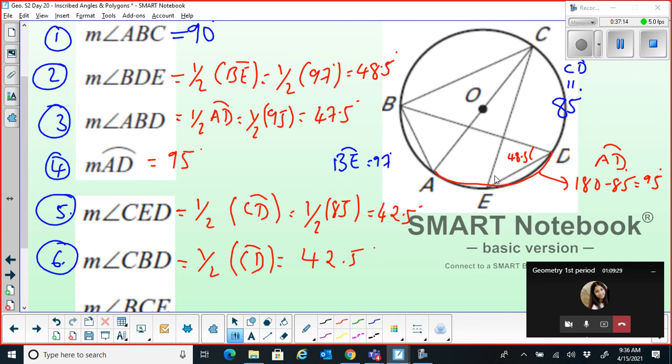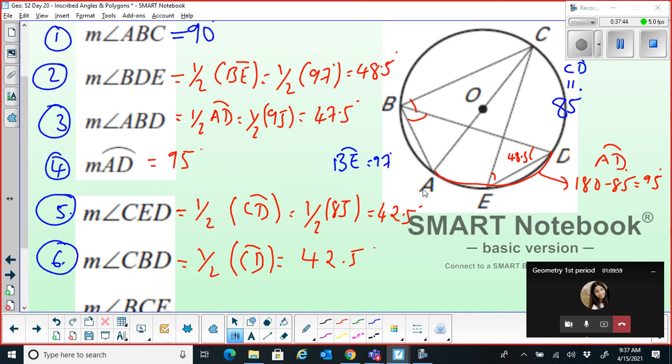CED, I have this one. CBD, this one. Then I have angle ABD, then I have BDE. Okay. So first they want BCE.